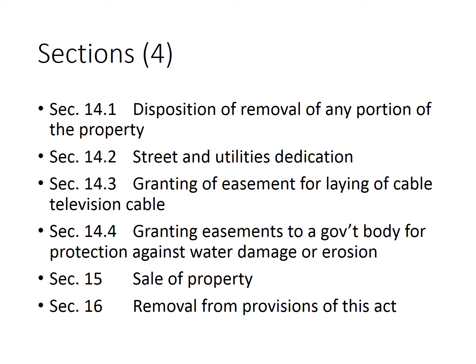Section 15 talks about sale of the property. This is something that happens to distressed properties normally, and unless it's more than 2 units, which almost all condos are, it takes 2/3 vote, and if it's over more than 4 units, it takes at least 75% vote to sell the property.